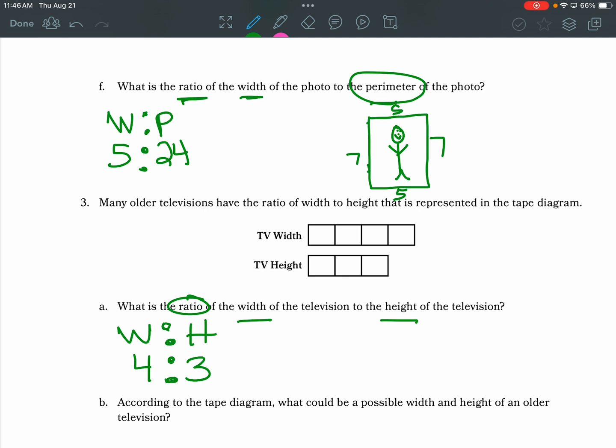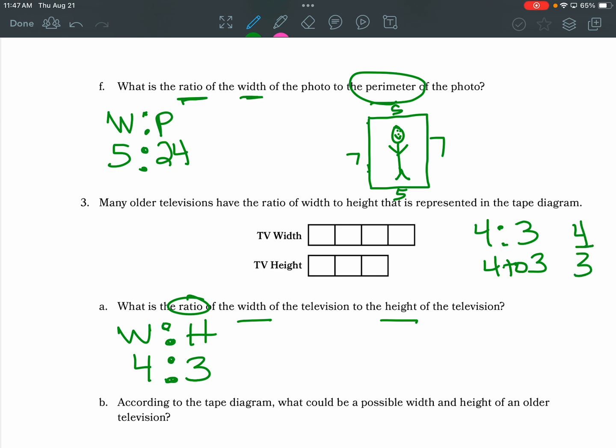Any ideas? We have to stay width to height, and it can't be 4 to 3. Nope, this and this and this is all the same thing.